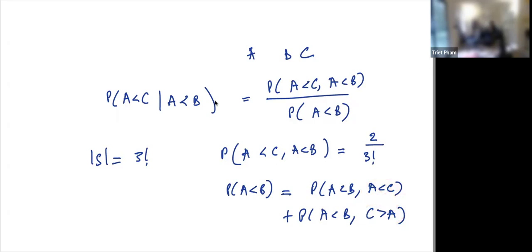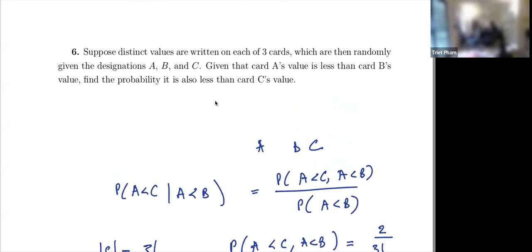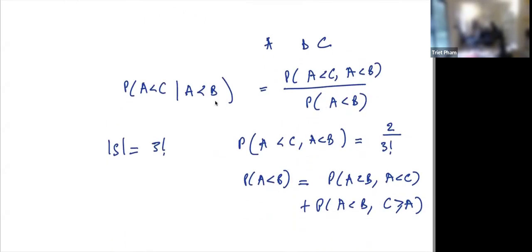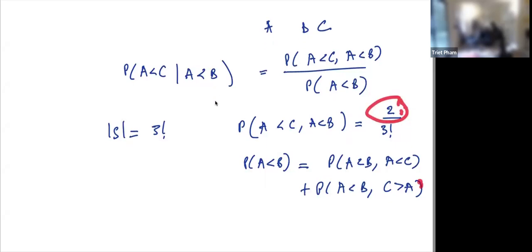So we break it into two scenarios. Technically speaking, equality could happen, but because the card values are distinct, we don't have that. And the beauty of this suggestion is that we already know what the top is: 2 over 3 factorial. So we only have to look at this.